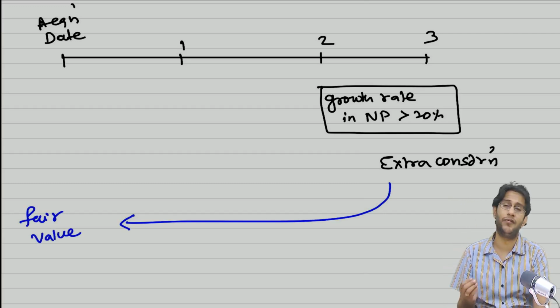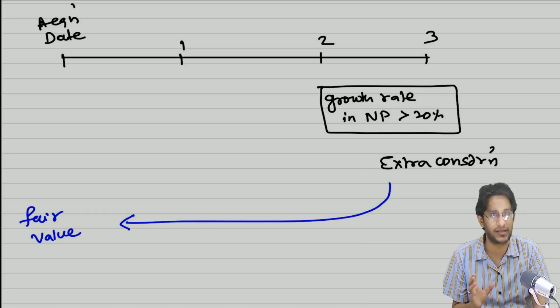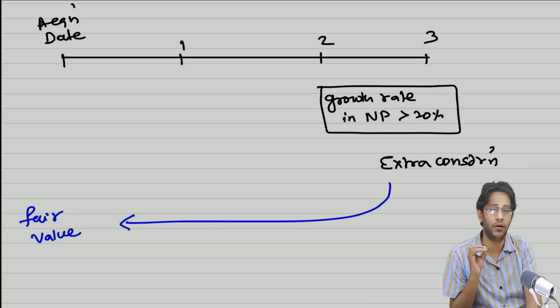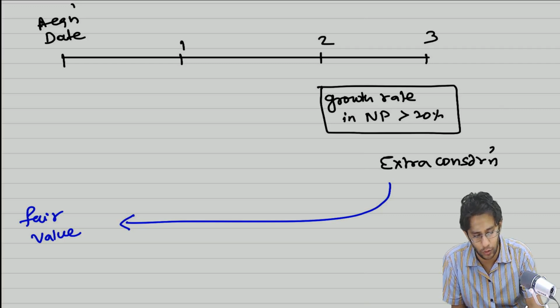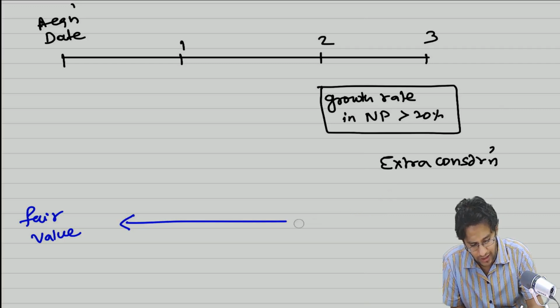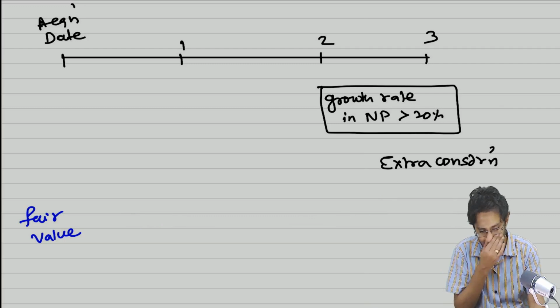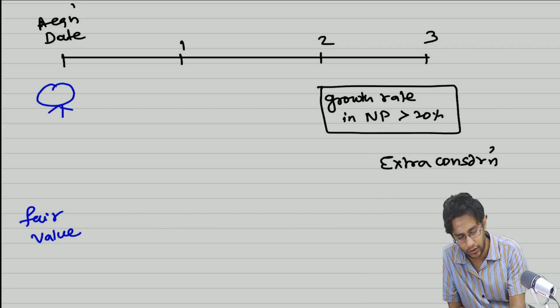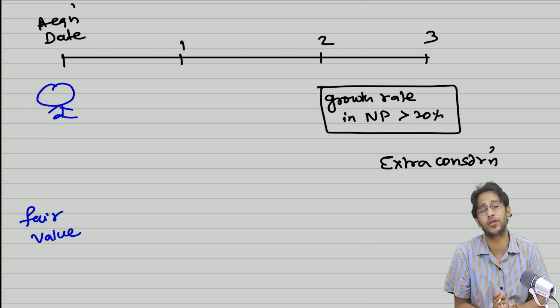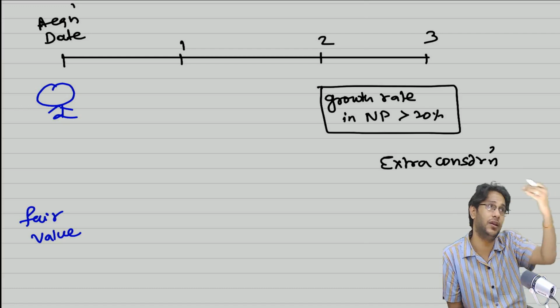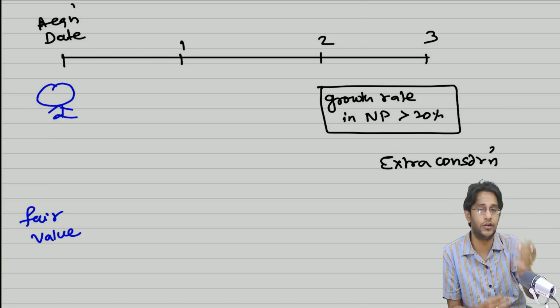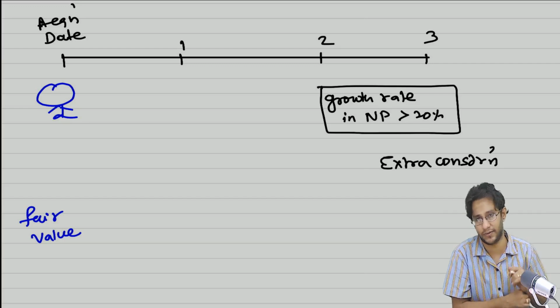So how will we determine the fair value for this as on today? From an examination perspective, you need not worry. The question will give you the fair value of contingent consideration on the acquisition date. But if you just want to know how to work this out, I'll give you a rough idea. Let us say you are standing as on today, and you want to do the accounting for this entire transaction. After 3 years, what is the chance of the average growth rate in net profit exceeding 20%?